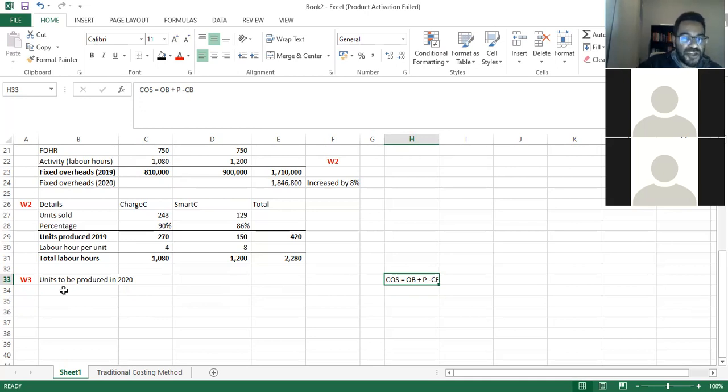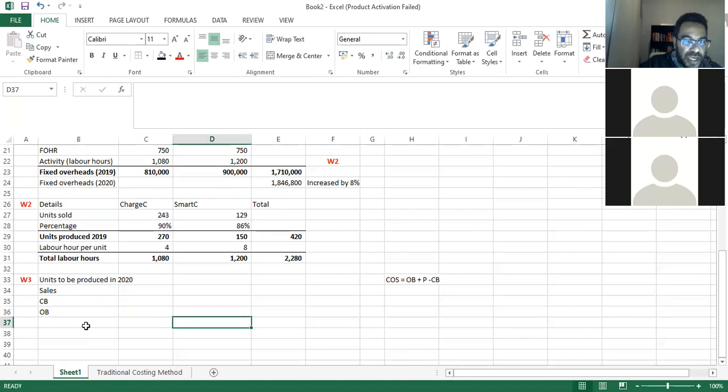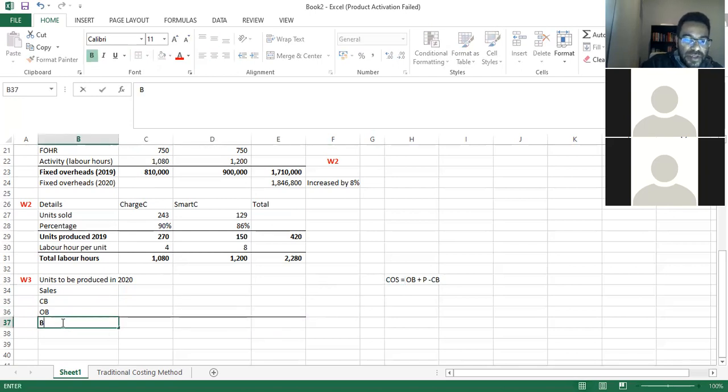Okay, so to get production, it is going to be sales plus closing less opening. Okay, so that will give us our production. So this will give us our production using this formula. This formula is very useful, so just make sure. Okay, so this is budgeted production.